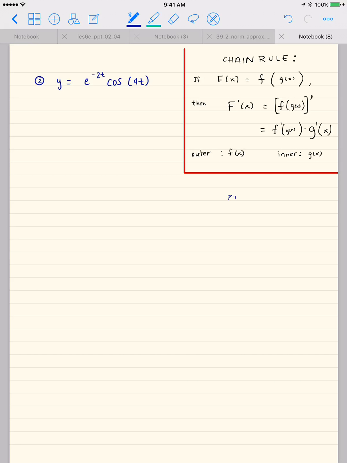So the product rule says if you've got f of x times g of x is equal to big F of x, then F prime of x, the derivative of that, is going to be equal to f prime of x times g of x plus g prime of x times f of x.